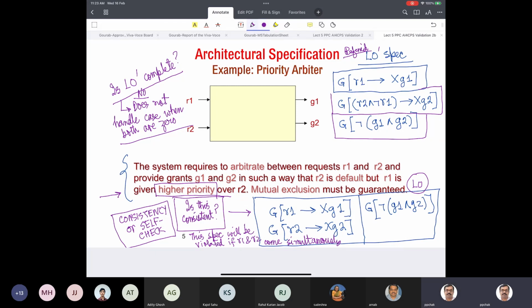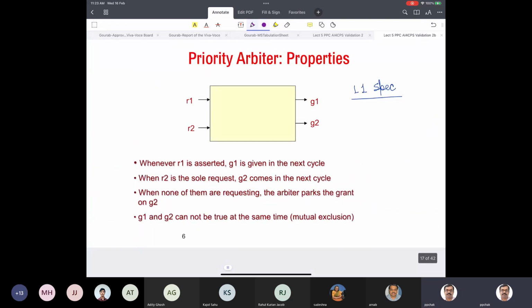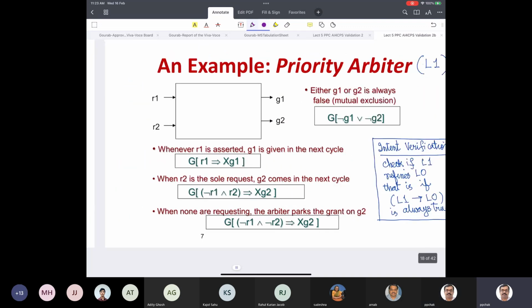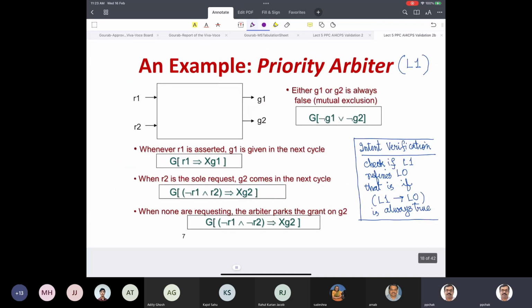So in order to do that, we now write the L1 spec, where we add exactly what you mentioned. And when we add that part, we add this rule. We said that by default, where is the grant?